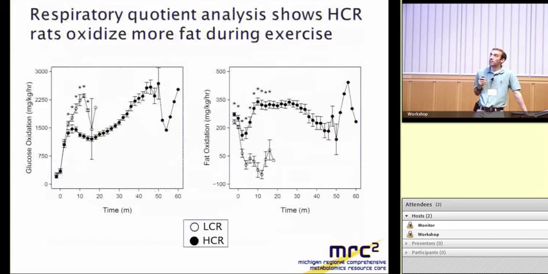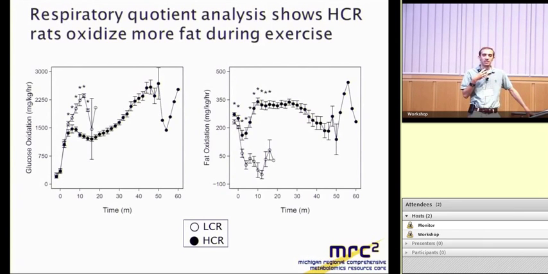Okay, so what makes this an interesting question for metabolomics? Why targeted metabolomics? We'll get into that in a minute. Some studies that we did: you've probably heard of respiratory quotient analysis. This is the sort of thing where you do a treadmill running test and they hook you up to the instrument that measures your oxygen consumption and your carbon dioxide production rate, and you can measure your VO2 max that way.